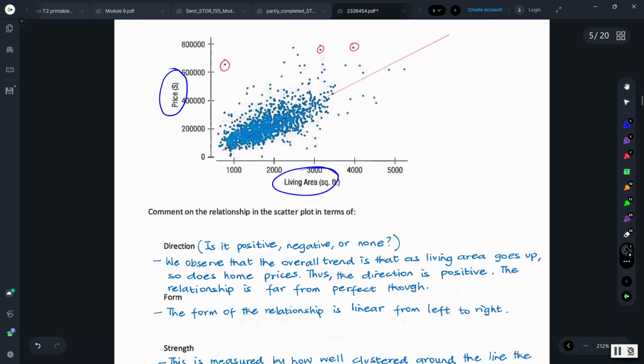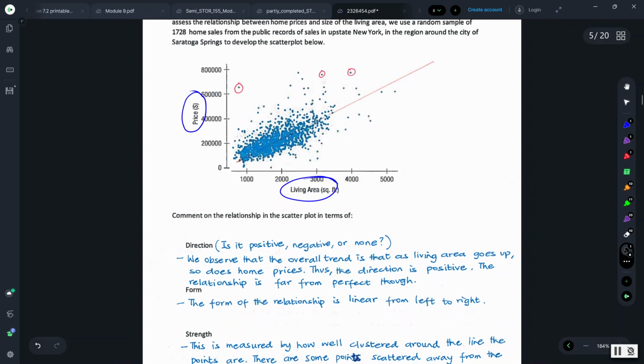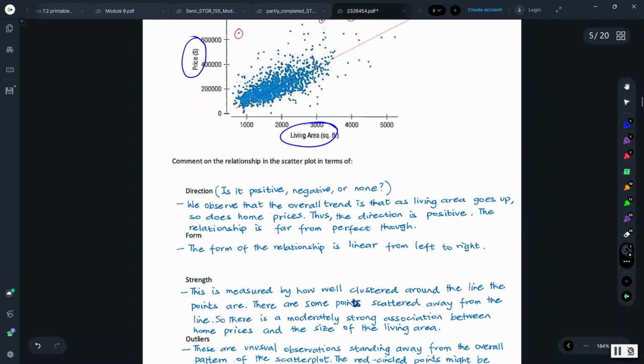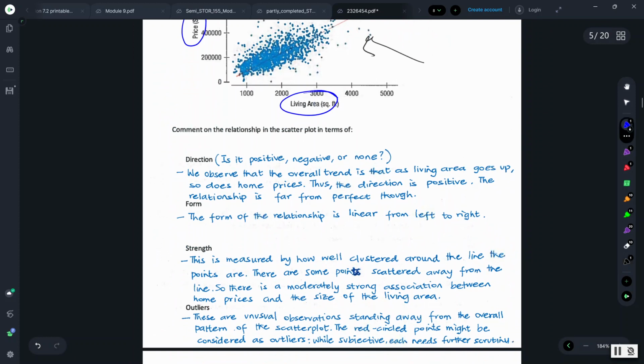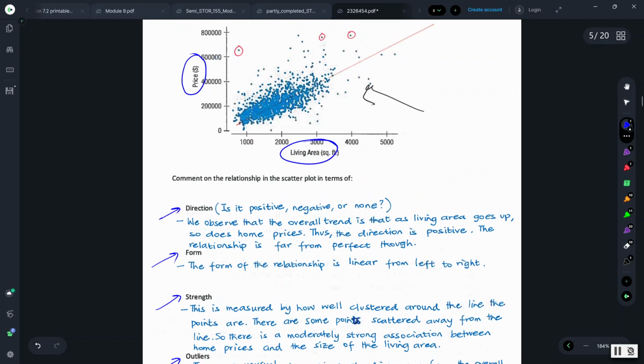So, as a student of statistics, what particularly should you talk about or highlight whenever you look at this scatter plot? There are 4 key things to look for: the direction, the form, the strength, and whether you have outliers or you do not. So let's take them one after the other.